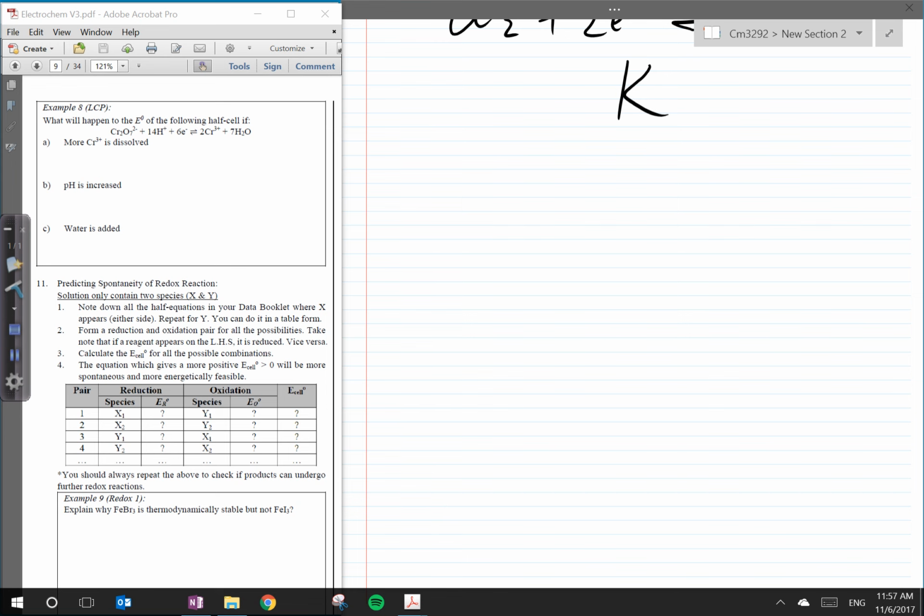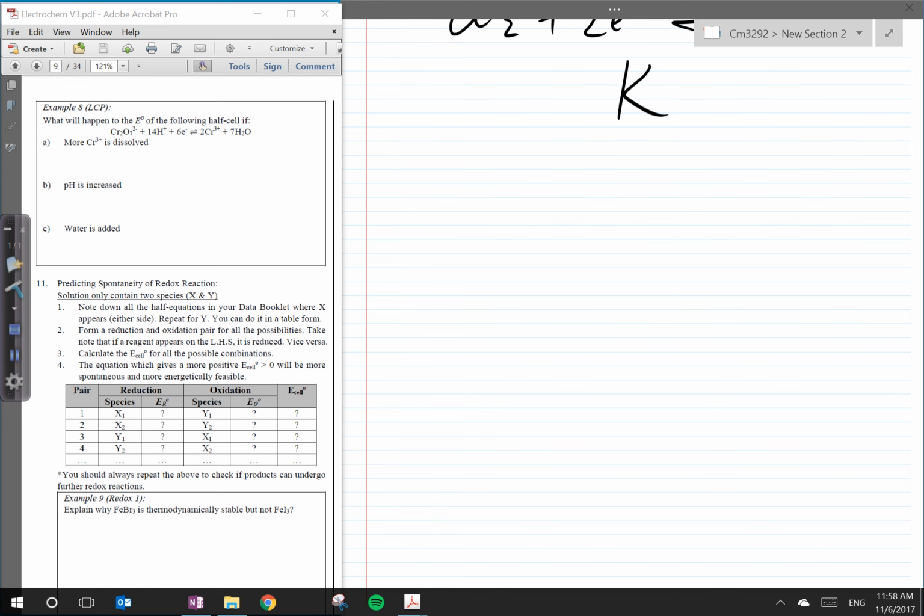Wrong. Imagine, how can you make water more concentrated? You can't. Correct? So adding water to water doesn't affect the concentration of water because concentration of water is fixed. So if you add water, what you will do is you will dilute the rest.